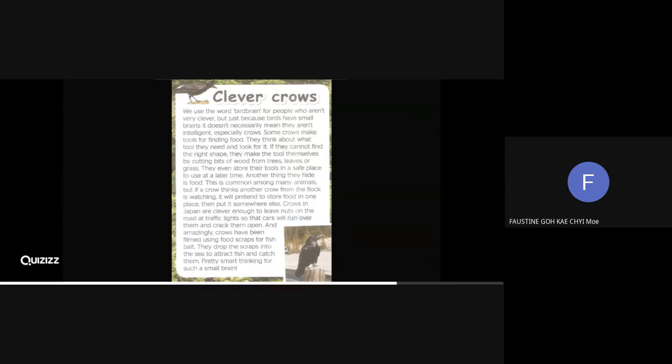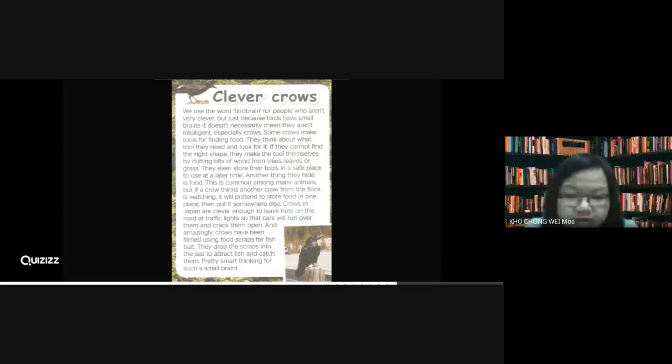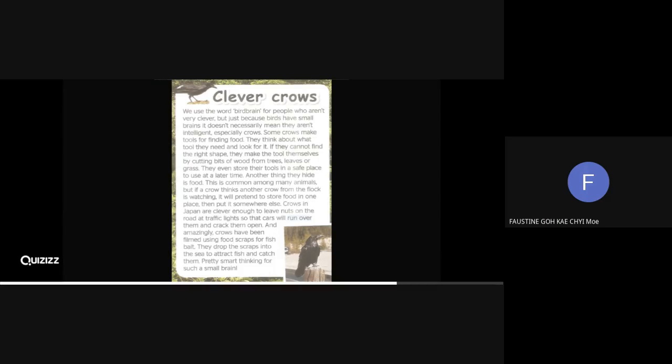Another thing they hide is food. This is common among many animals, but if a crow thinks another crow from the flock is watching, it will pretend to store food in one place, then put it somewhere else.